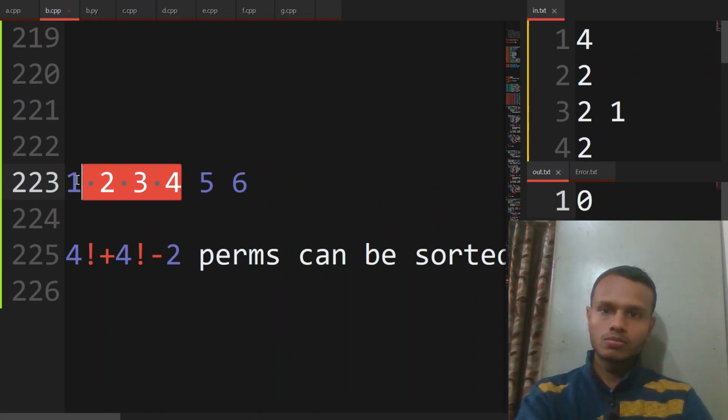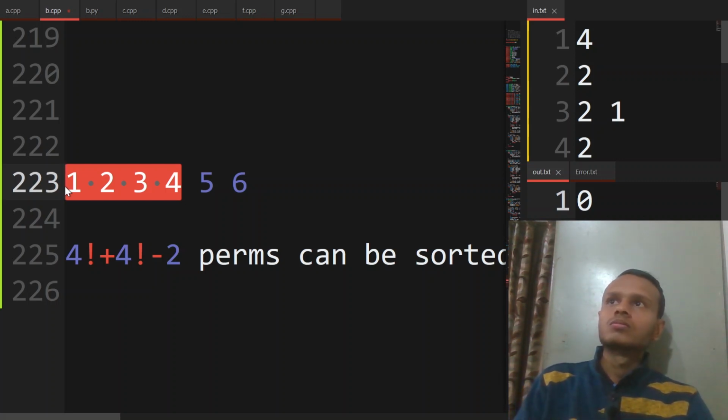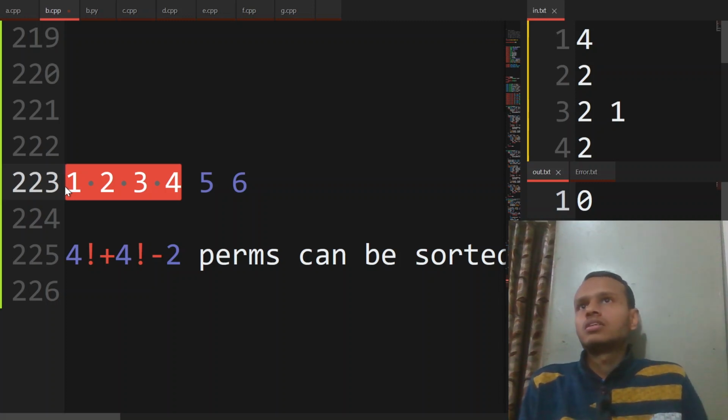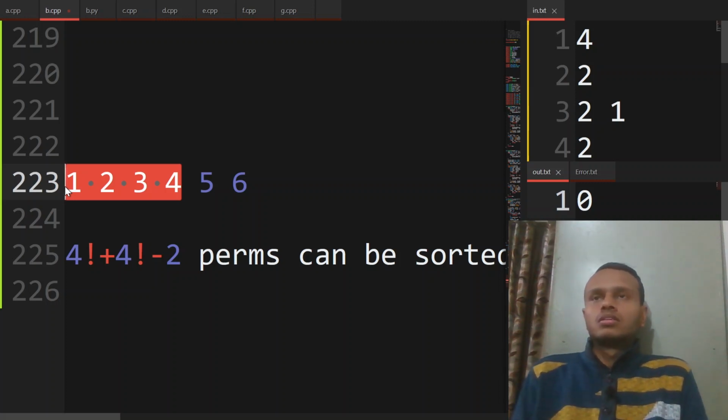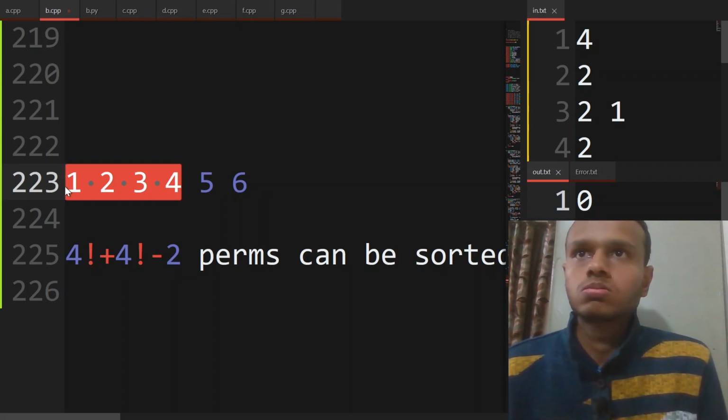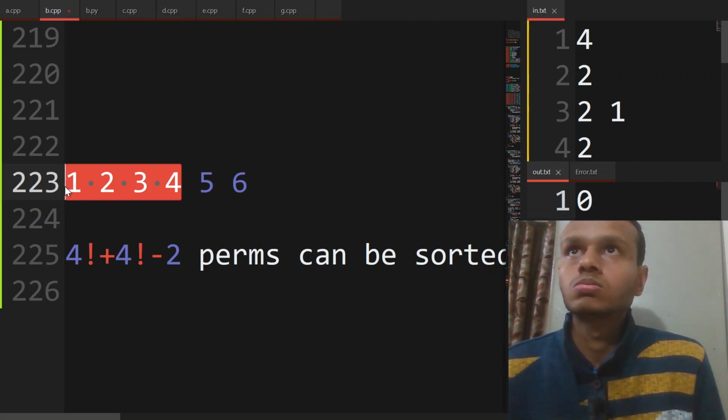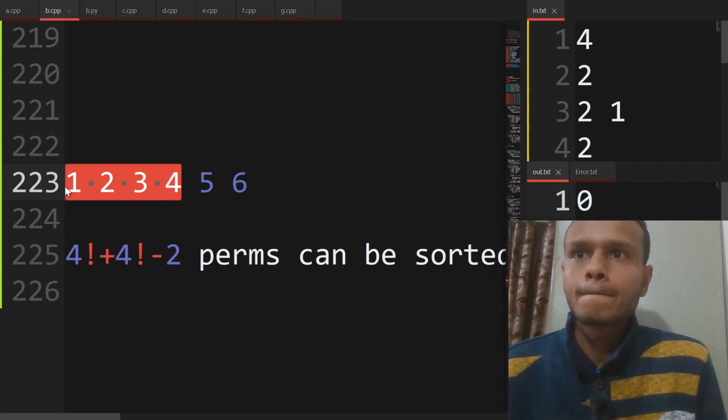So if we perform this operation first, or actually the order doesn't matter. Yeah, the order does matter. The order does matter.